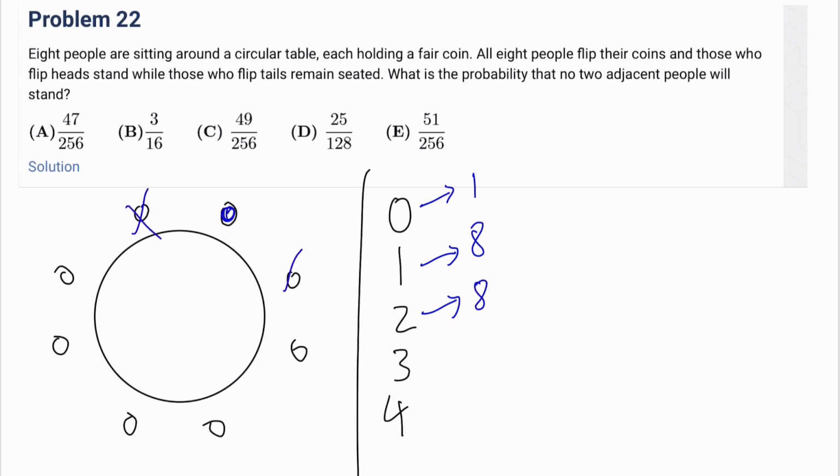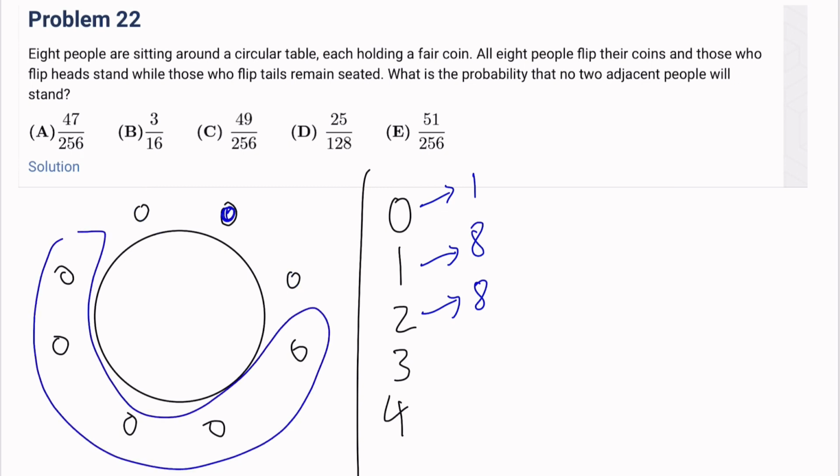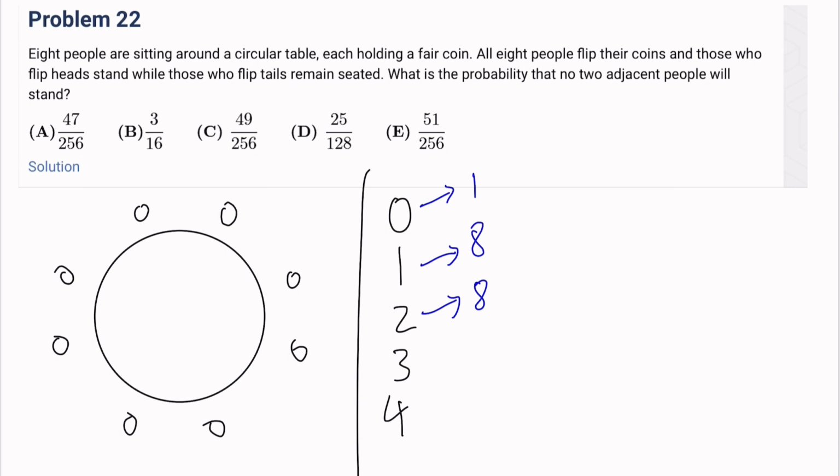Then this person and this person can't get heads, so it should be one of the 5 people who can get heads, right? So it's 8 times 5. And so let's say that this person got first heads, and then this person was chosen as the second heads. But then what happens if this guy gets first heads and this guy gets second heads, right? Then that would just be the same thing, right?